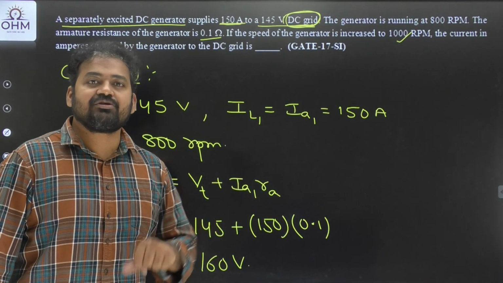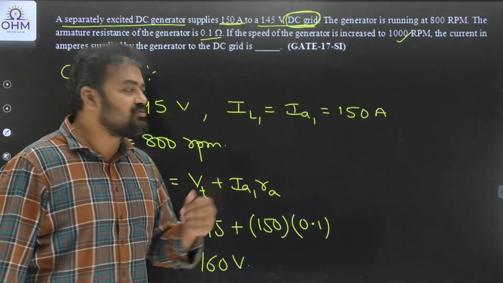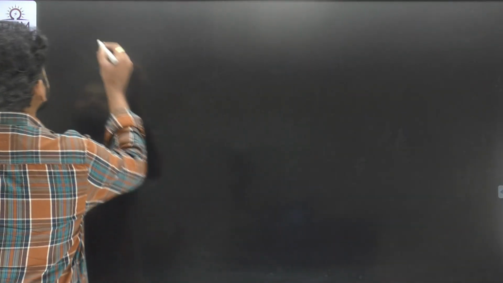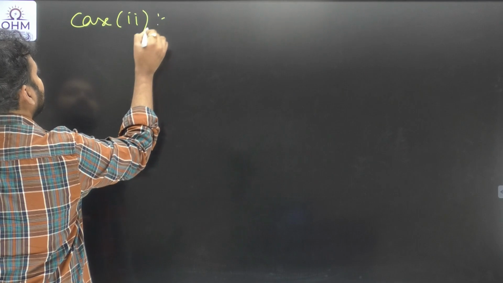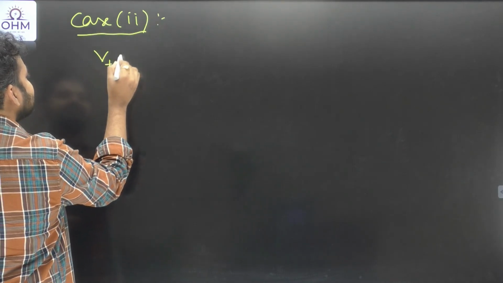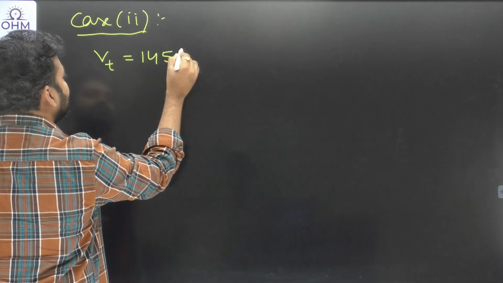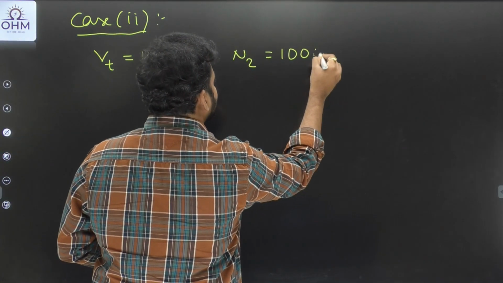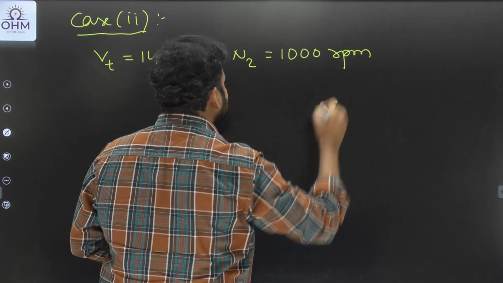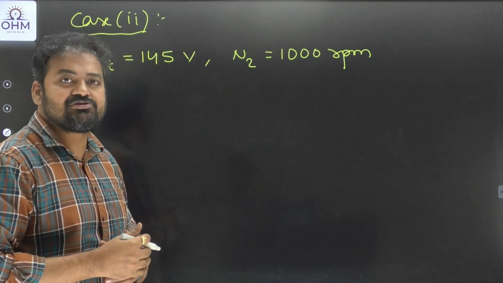But in the second case, what happened? Speed increases to 1000 RPM. So case number 2. In case number 2, terminal voltage remains the same. Why? Because machine is connected to bus bar. But now speed is increased to 1000 RPM. We know that whenever speed increases, generated EMF also will increase.